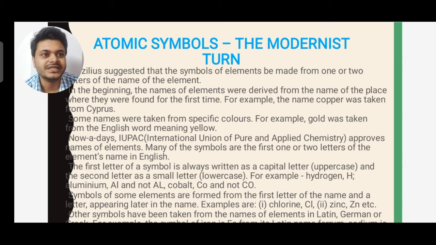For example, the name of copper was taken from Cyprus. Some names were taken from specific colors. For example, gold was taken from the English word meaning yellow. Nowadays, IUPAC, that is International Union of Pure and Applied Chemistry, you have to memorize this.